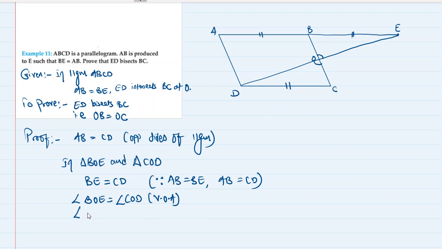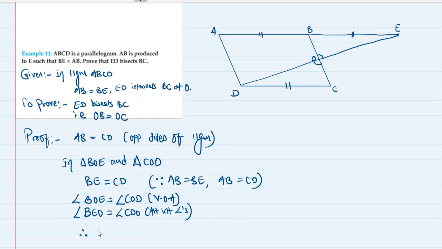Also, angle BEO is equal to angle CDO, alternate interior angles.